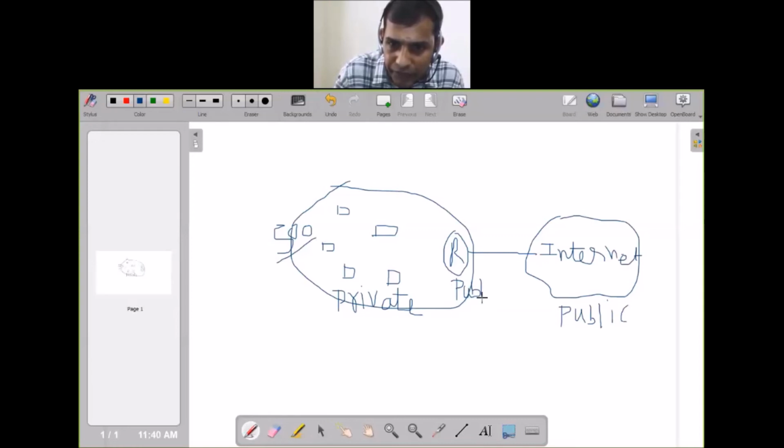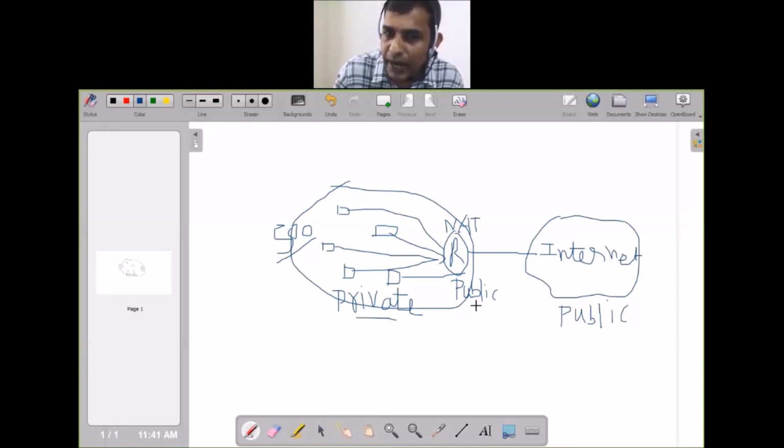One public address we will have, which will be configured in the router given by the internet service provider. So the router will have the public address. When a packet comes from any of these machines to the router, the router will convert it. This router will have software built within it, known as NAT software, which performs network address translation.